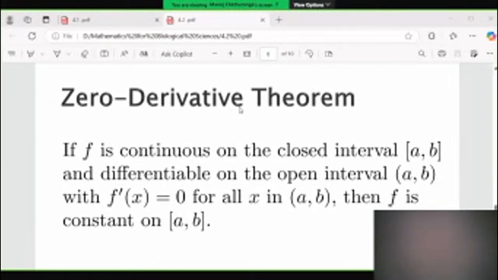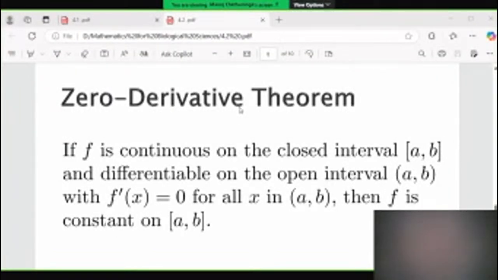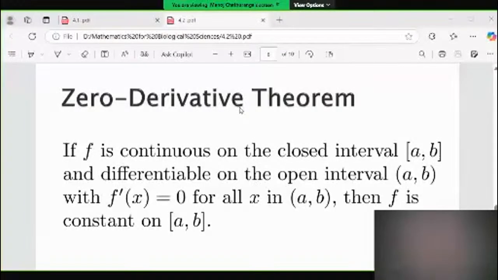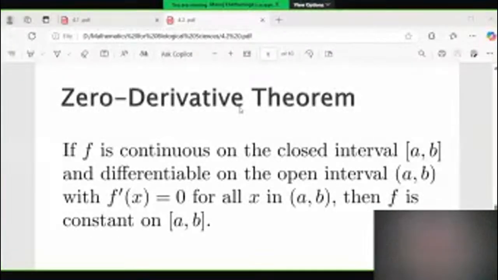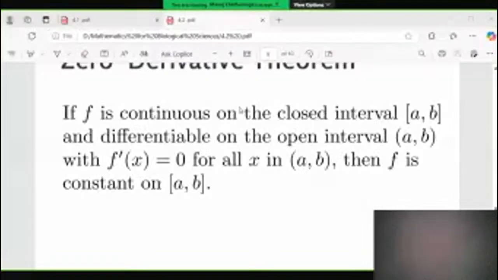Now, the zero derivative theorem tells us the other way. If the derivative is zero, the function must be constant. So it goes both ways. If the function is constant, the derivative is zero. Now we are learning that if the derivative is zero, then the function must be a constant, right?